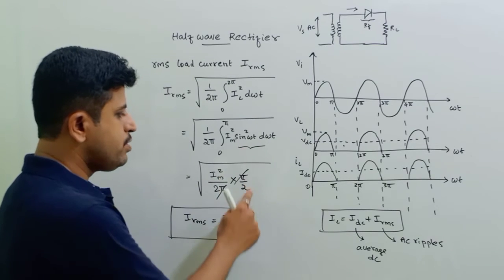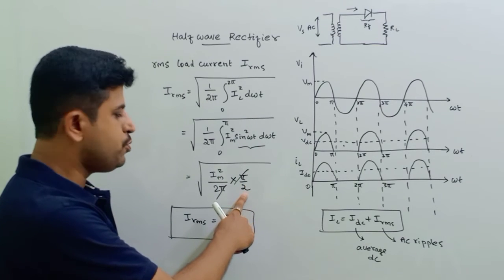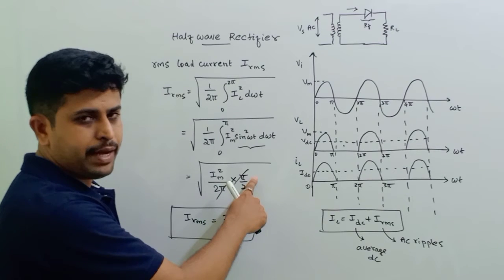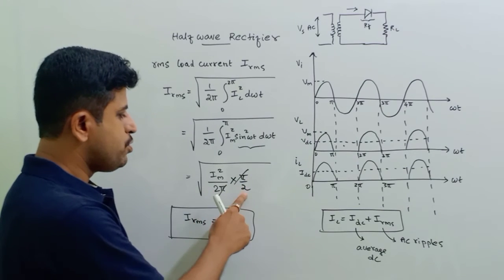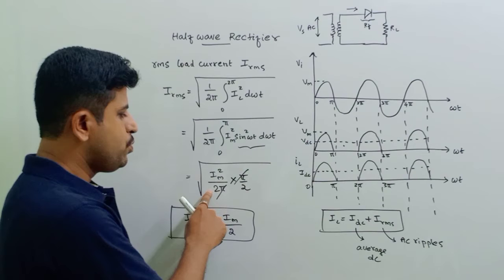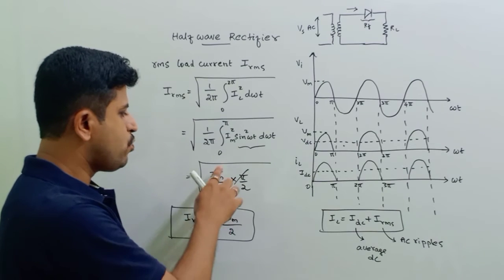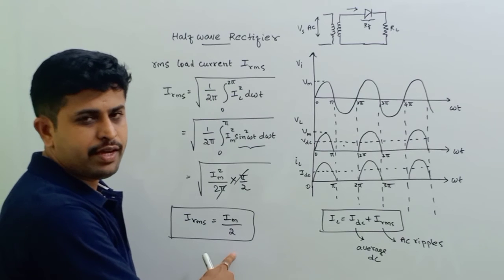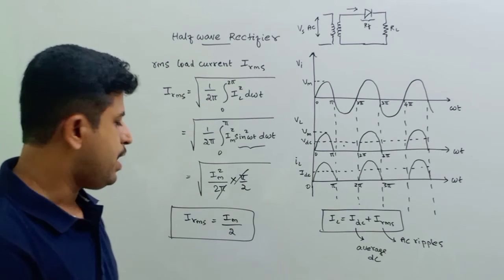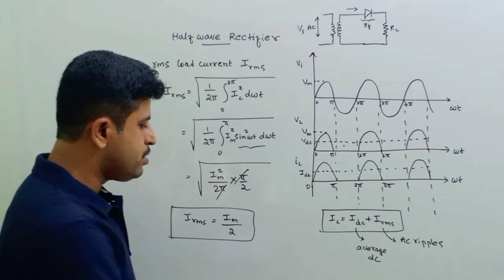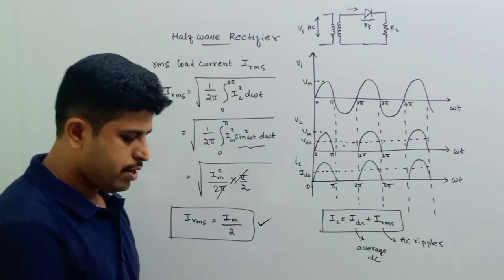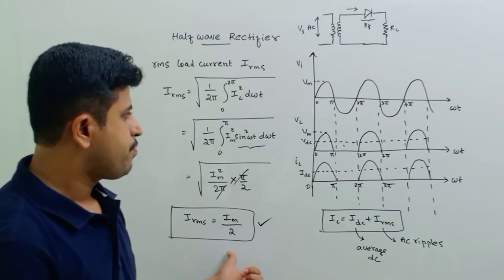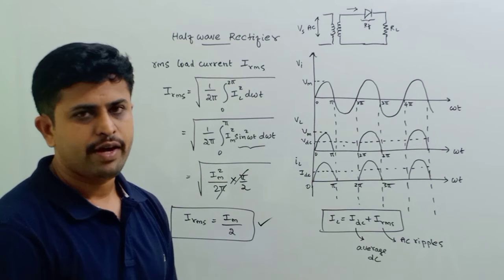If we solve this, we are going to get pi by 2. So pi and pi get cancelled and 2 2s are 4 here. Then 4 can be written as 2 square, then square and root get cancelled. Finally, we get the RMS current as Im by 2. This is the expression for RMS current for this half-wave rectifier circuit.